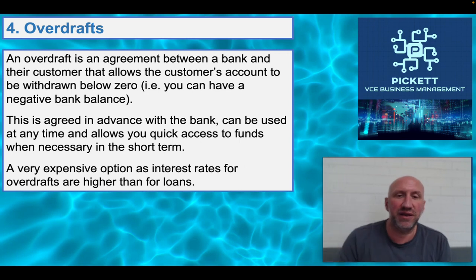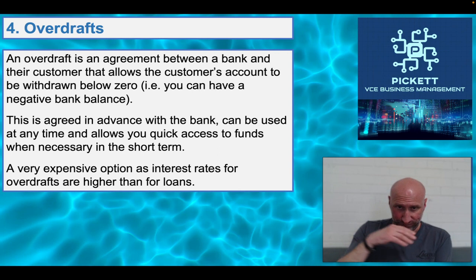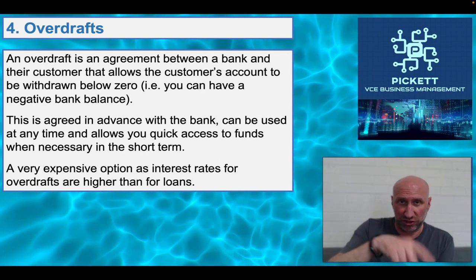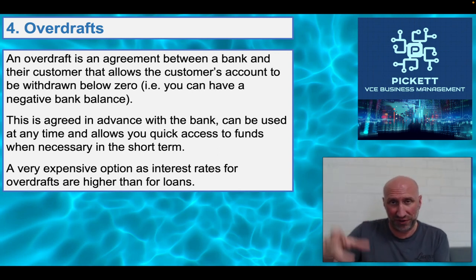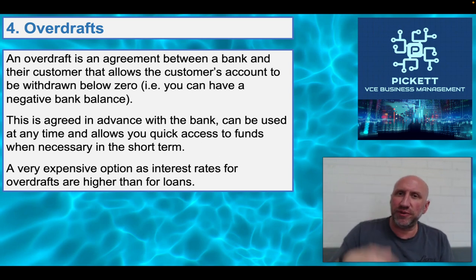Other than this is an expensive option, because the interest rate that they'll charge on an overdraft is actually higher than what they would charge if they just lent you the money in the first place. So while there's a level of convenience to it and you could dip in and out of it, you don't want to be using it too often because they do slap a pretty big interest rate on you.